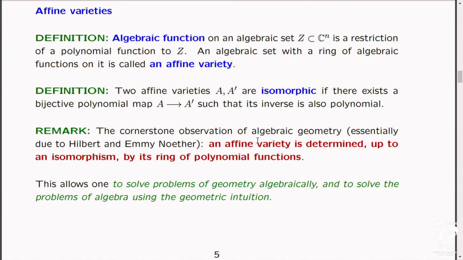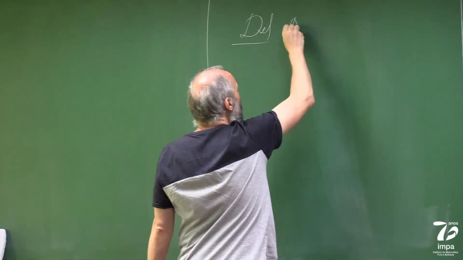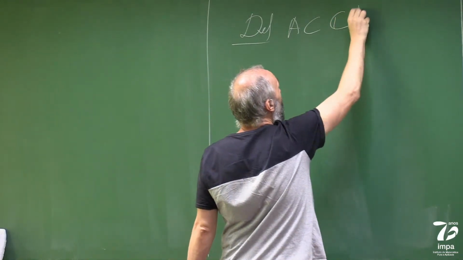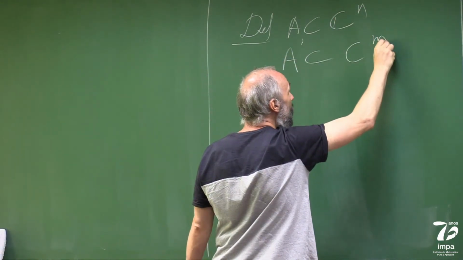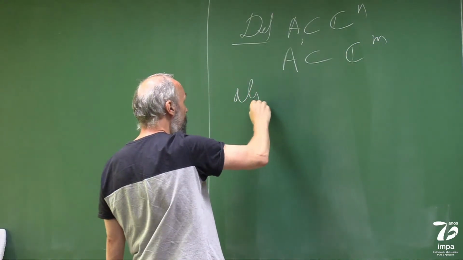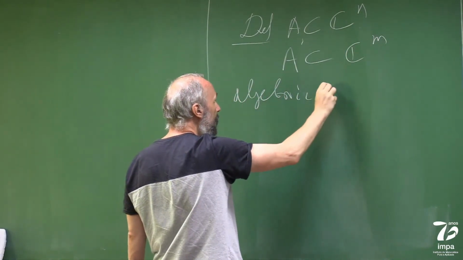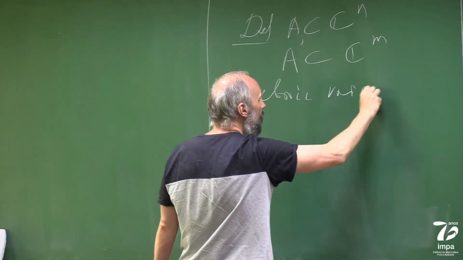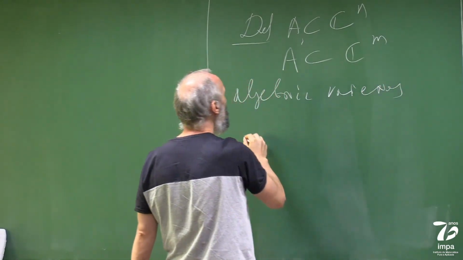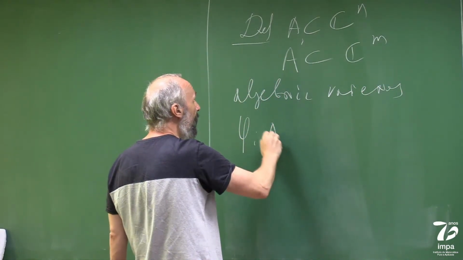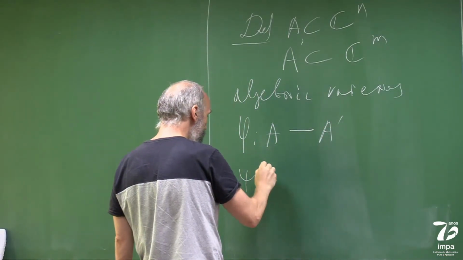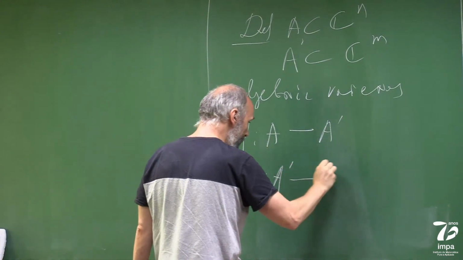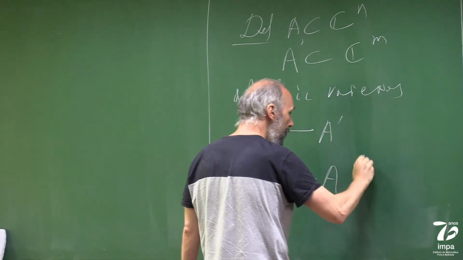So, definition: A inside Cn, A prime inside Cm, algebraic varieties. Phi from A to A prime, psi from A prime to A, polynomial maps.